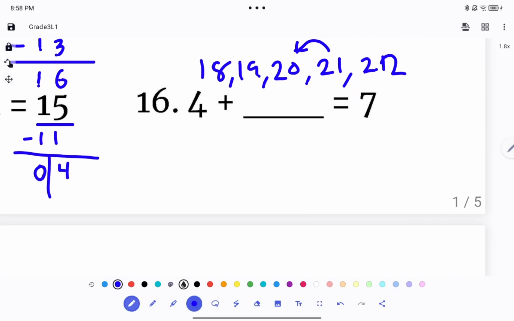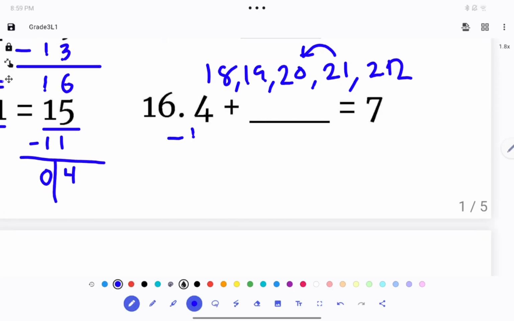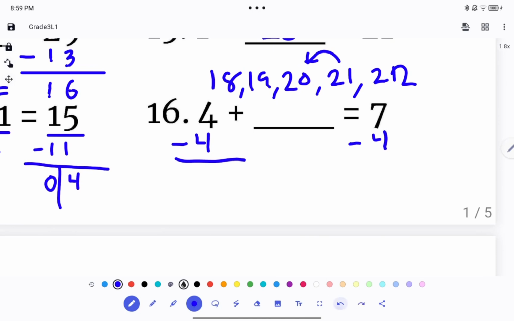Now here's a bit of an easier problem. 4 plus some unknown number that we want to find out is equal to 7. Alright, so let's do the same thing we've been doing. We subtract 4 from both sides to get this unknown number all by itself. And we find that this cancels out into 0, so we don't need to worry about it.